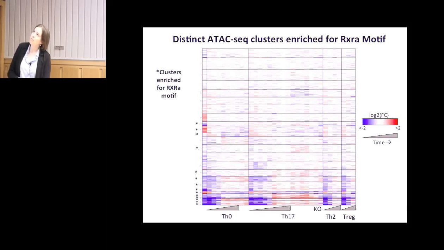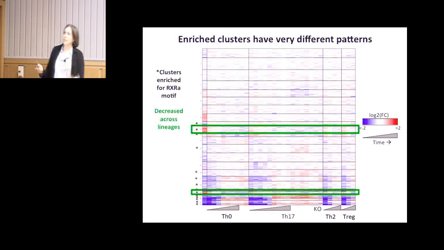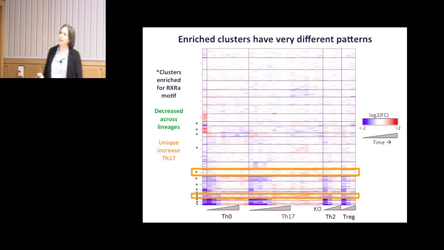What I found striking was that some of these clusters show a decrease in accessibility over the course of the differentiation time course, suggesting that RXR alpha, or whatever is contributing to that peak, is binding maybe less strongly over the time course. But then we also see enrichment in clusters where the accessibility is increasing over the course of the Th17 time course.